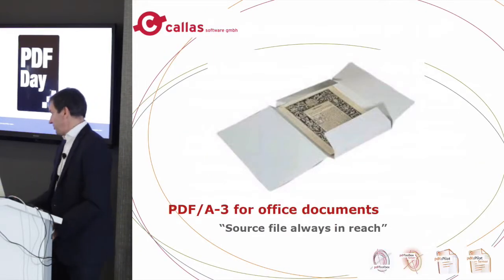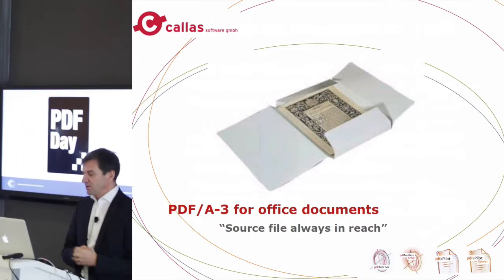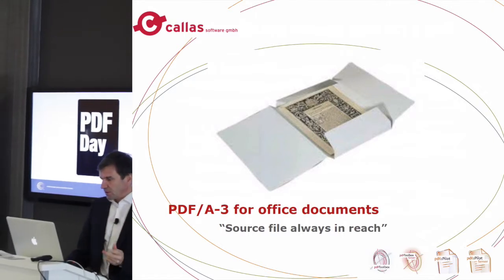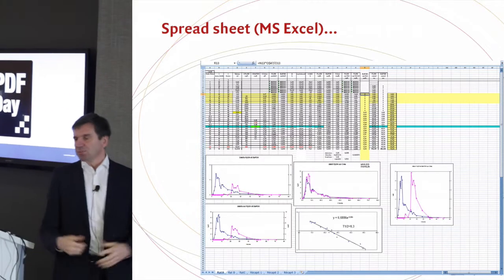The first use case that I have is for Office documents. You can also say the source file is always in reach. We will see what that means. Let's think about Excel. I have an Excel spreadsheet.